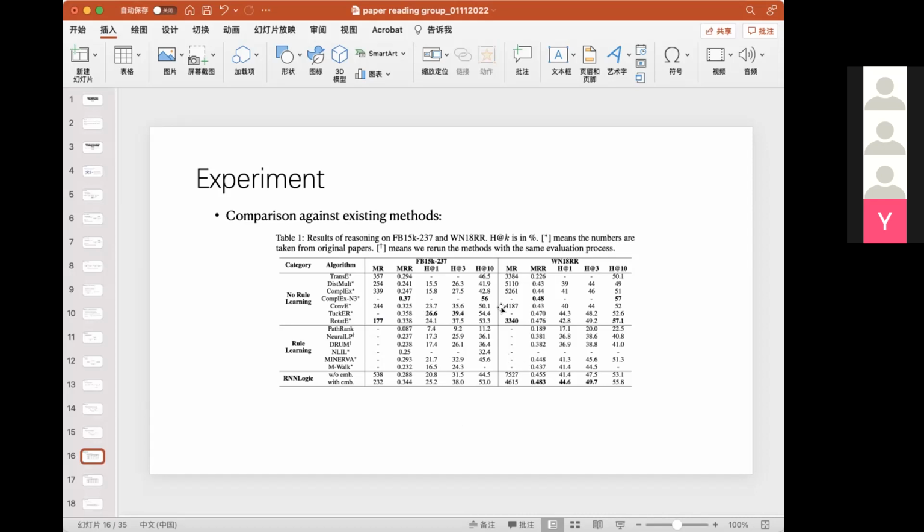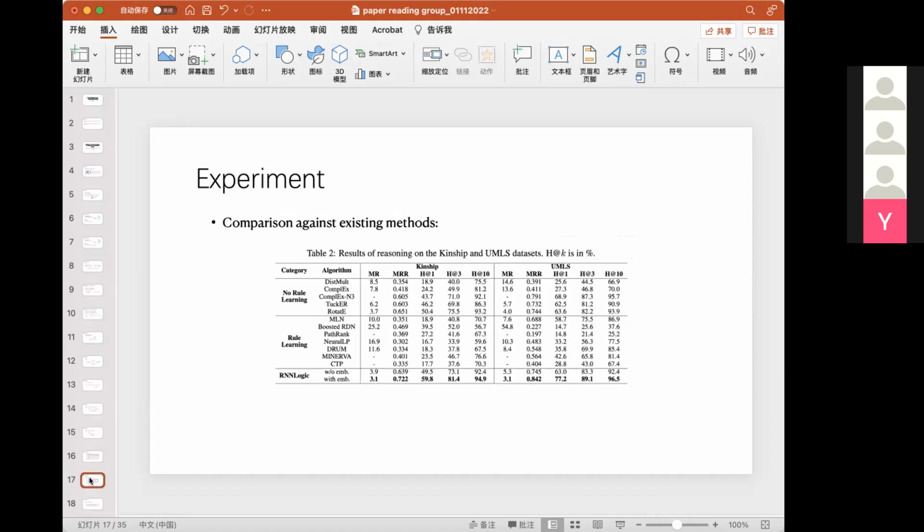So it is not purely designed for the knowledge graph completion task like the KG embedding methods. So RNNLogic cannot perform better than the knowledge graph embedding method on the FreeBase data set, but it has better performance on the WordNet data set.